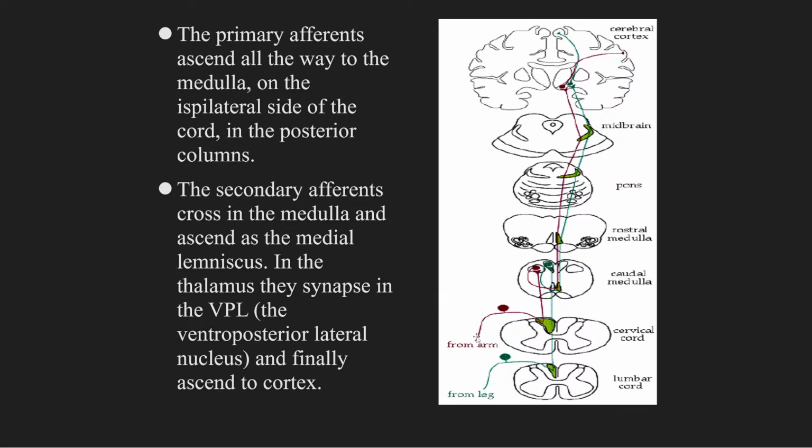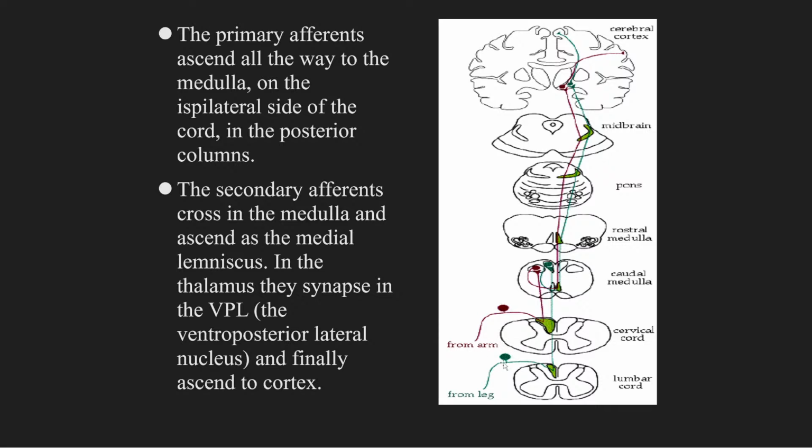And you may see that this is a 3-neuron pathway, unlike the pathway for voluntary motion, which has only 2. There are 3, and the first, for every type of sensation, is located in the dorsal root ganglion.